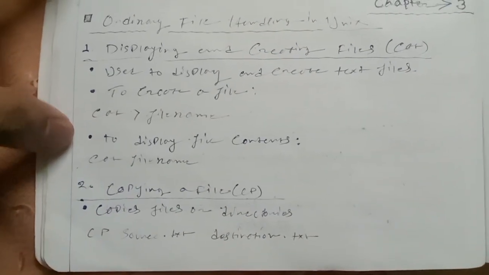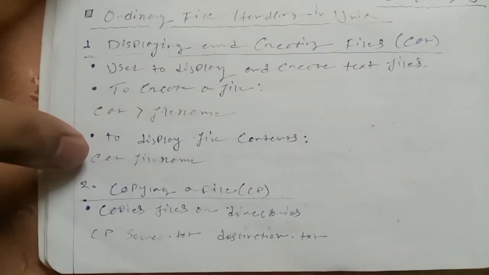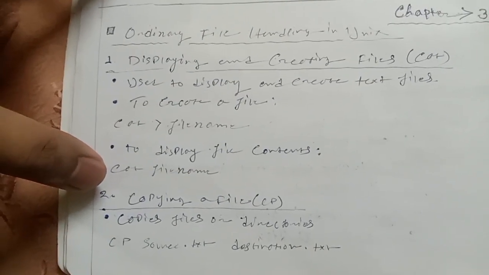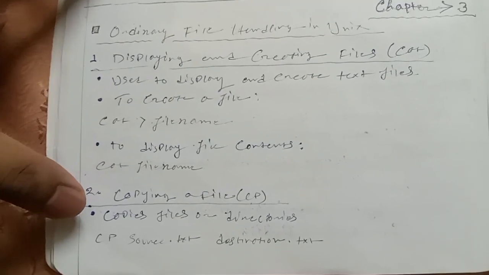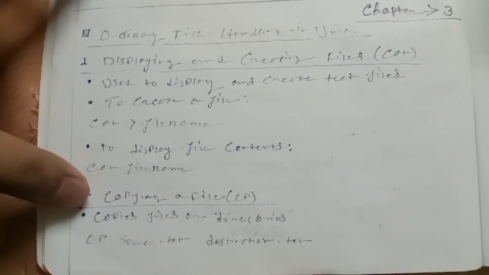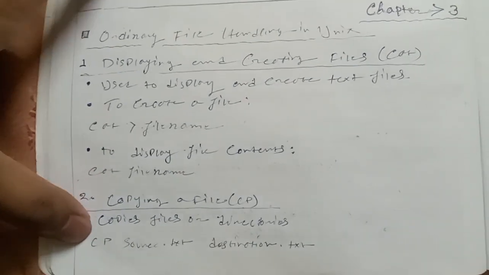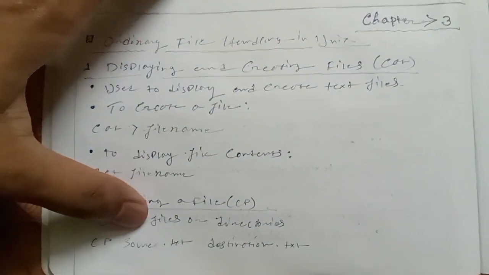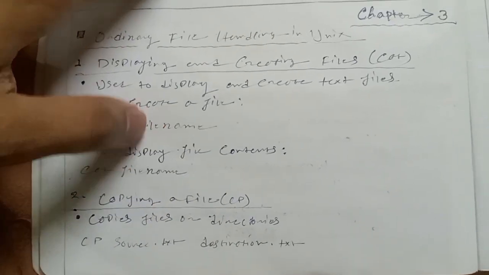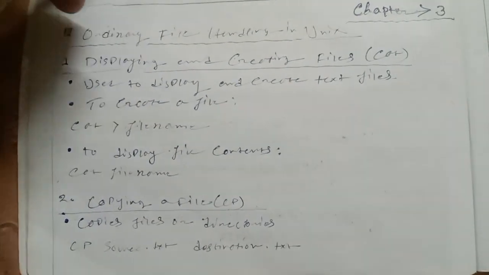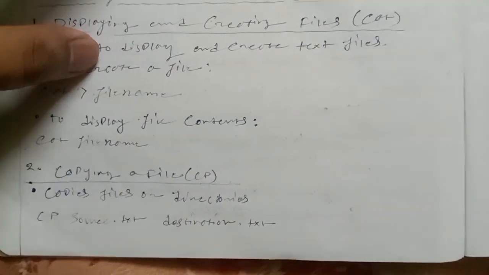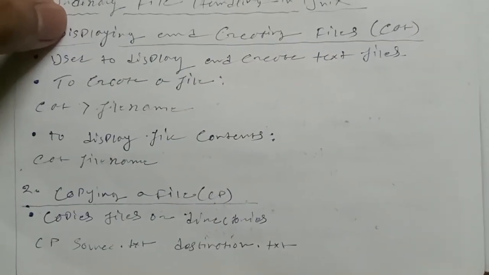Then we have copying a file, or cp. How can you copy a file? It copies files or directories: cp source.txt destination.txt. If you want to copy a file and paste it inside another file, you write cp, then the file from which you want to copy the contents, and then destination.txt, the file where you want to paste the copied content.